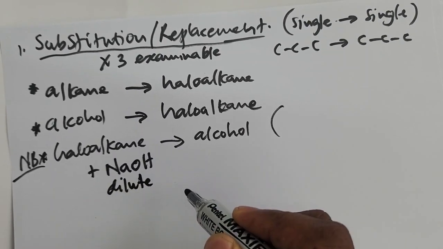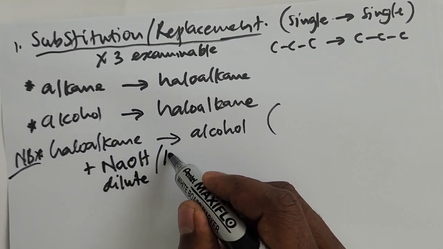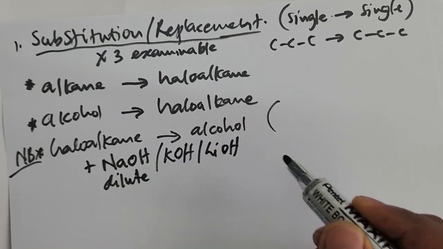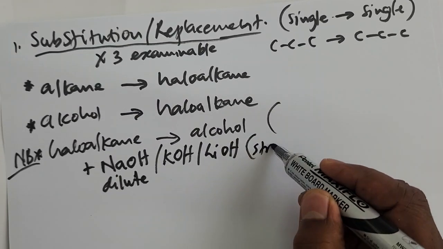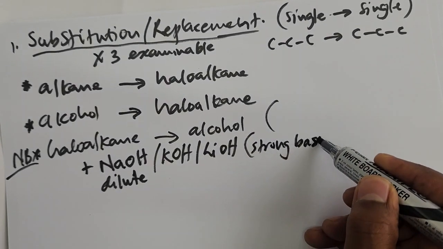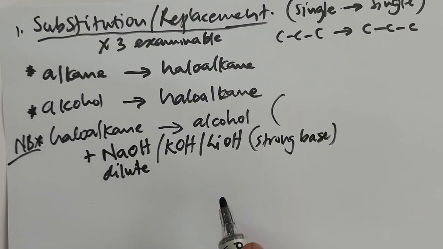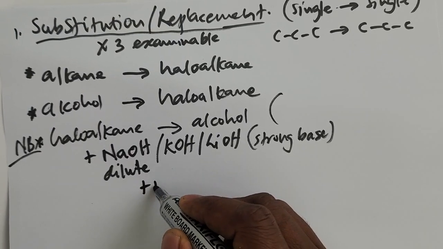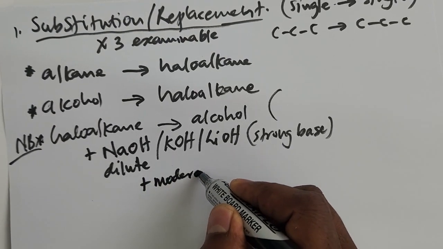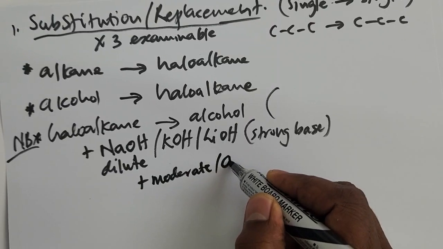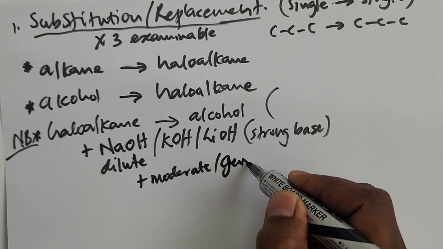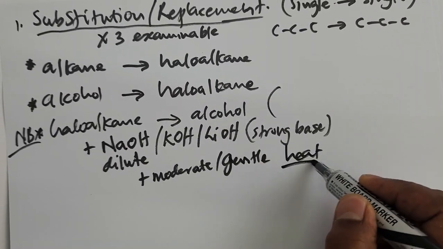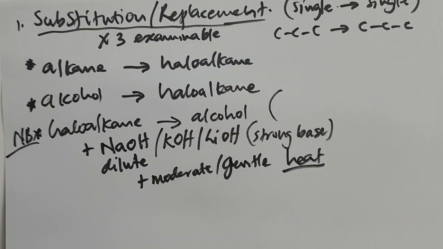The strong base can be sodium hydroxide, potassium hydroxide, or lithium hydroxide, or just say strong base, it's fine. Plus you also need gentle heating, moderate heat. Some people say gentle heat, some just say heat. If you just write heat it's acceptable in this case.